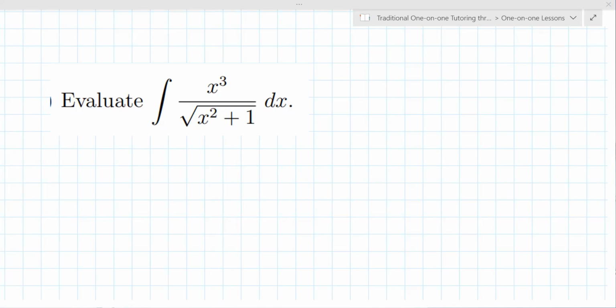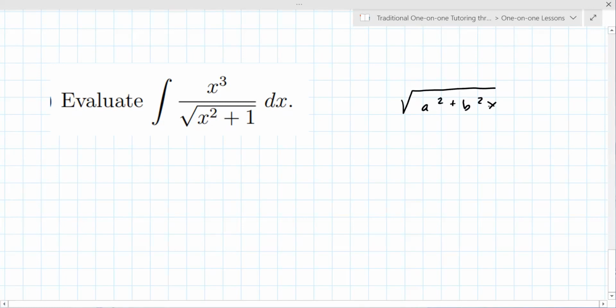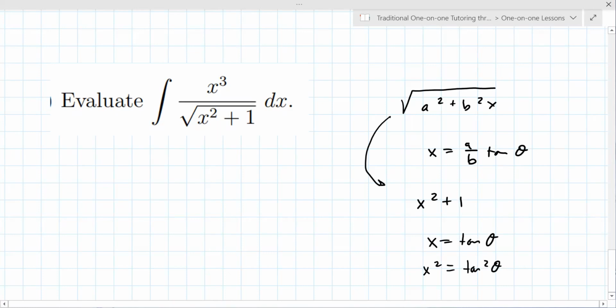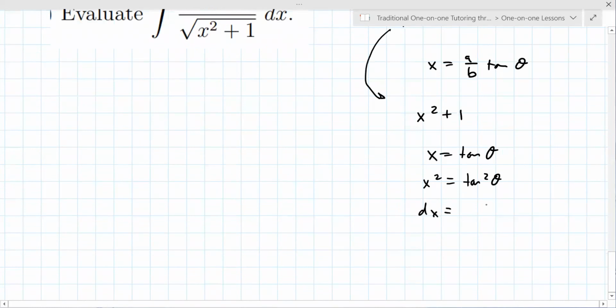So it looks a lot like the form where it's written a squared plus b squared x, and that produces x equals a over b tan theta. But it's kind of backwards. Yours is really x squared plus 1. Both your a and b are 1, so your x is tangent of theta, and your x squared is tangent squared theta. dx is secant squared theta.